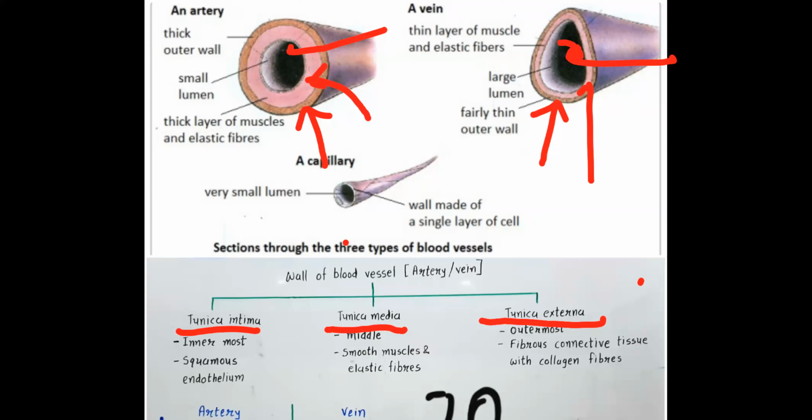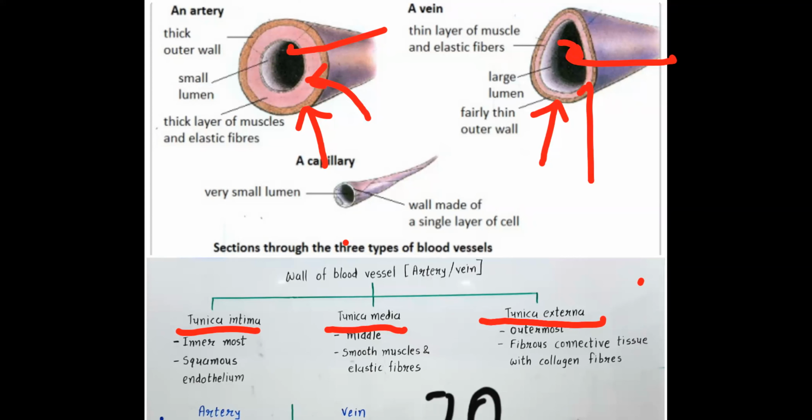As you know, tunica externa is the outermost layer. It is made up of fibrous connective tissue along with collagen fibers. Collagen fibers and fibrous connective tissue make up the outermost layer.